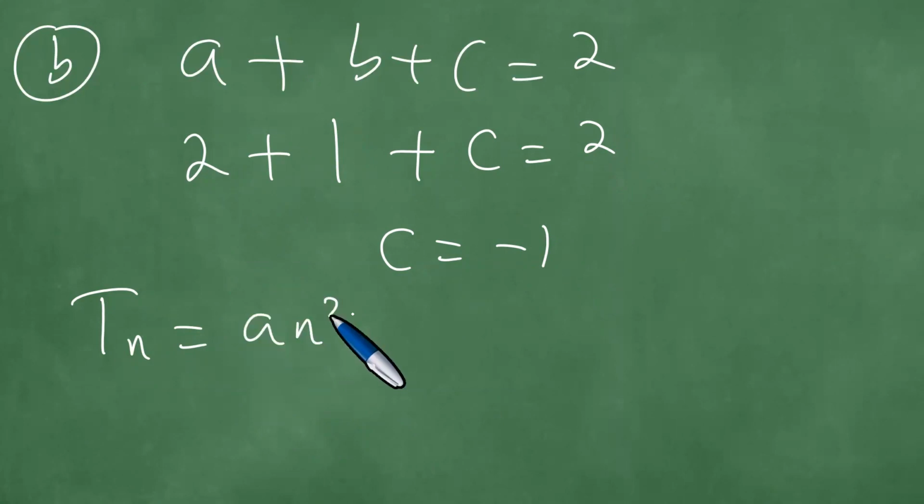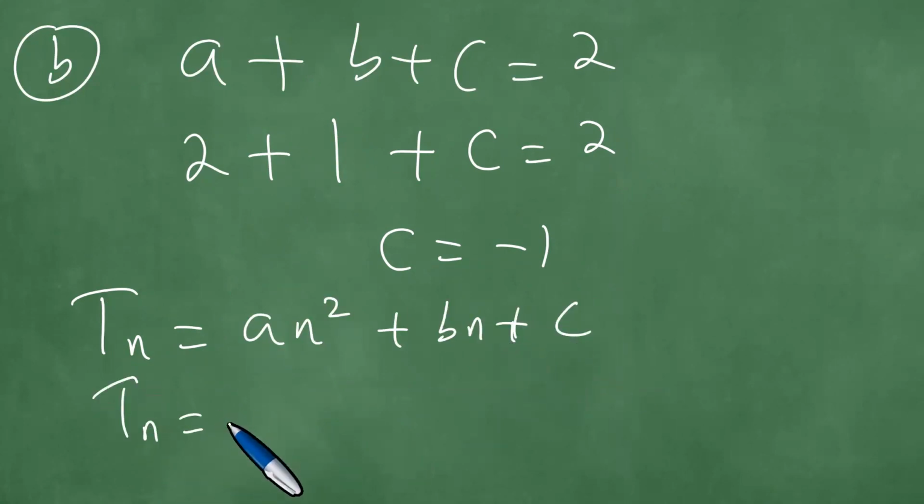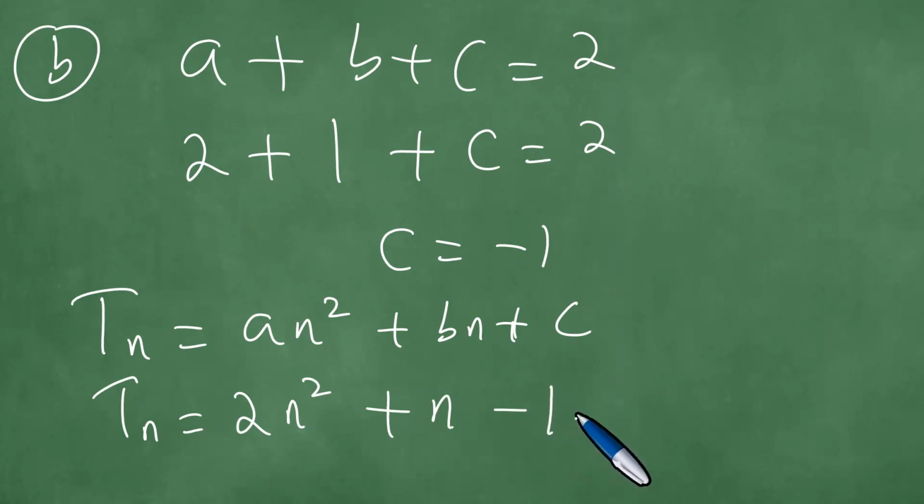Tn is an squared plus bn plus c, which means Tn equals 2n squared plus n minus 1. So this is the general term of the quadratic sequence, the quadratic pattern. The general term is 2n squared plus n minus 1.